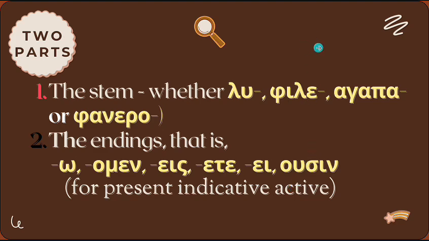Before we look at the four-room theory, let's say a few things for a minute. You remember the two parts of a given Greek verb? That is the stem. For example, lou is a stem, phlei is a stem, agapa is a stem, phanero is a stem.